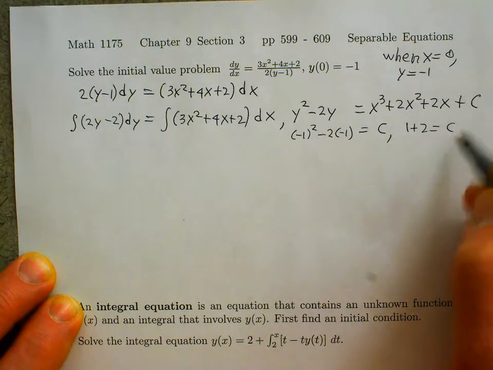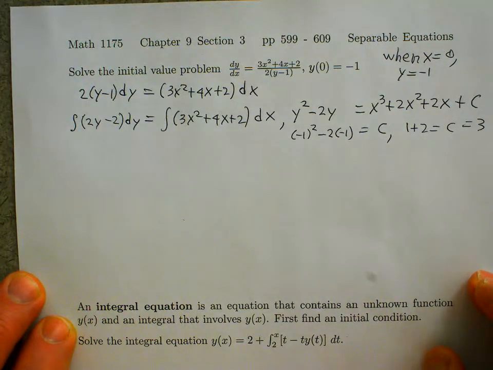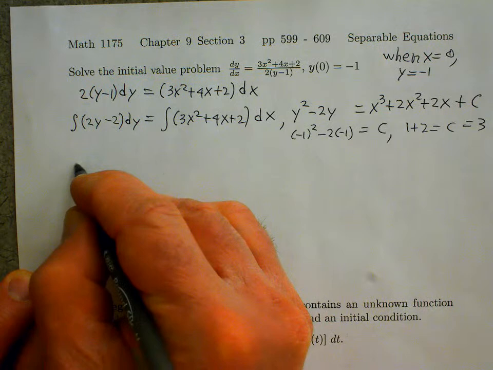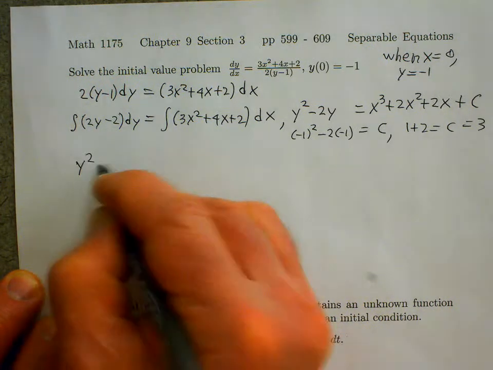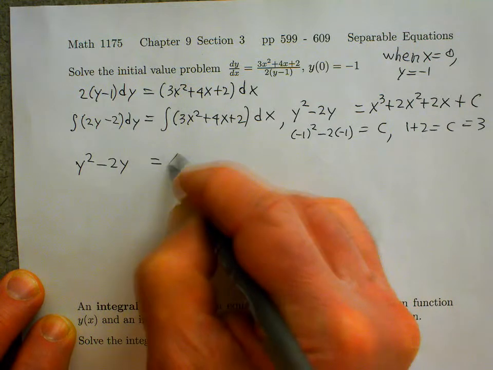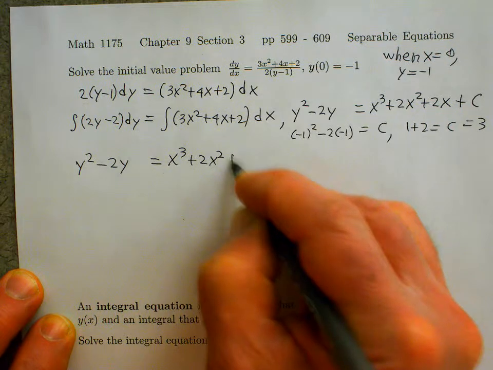So the value of c is 3. Okay, so now I'll rewrite that equation with c in it. y squared minus 2y equals x to the third plus 2x squared plus 2x plus 3.